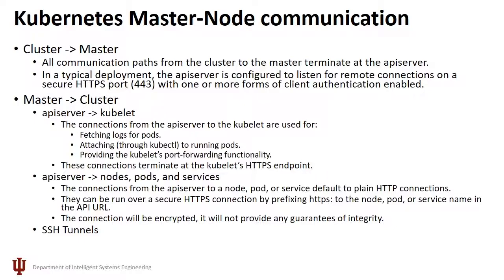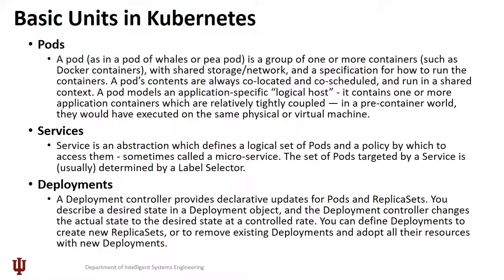This is all done via the API server, which not only communicates to the kubelets that we introduced earlier, but can also communicate to the nodes, which are the hardware resources, the pods and the services on it. And so we can control the entire system, where we can go from the master to each one of the cluster components that span the Kubernetes cluster. All of this is done through SSH tunnels.